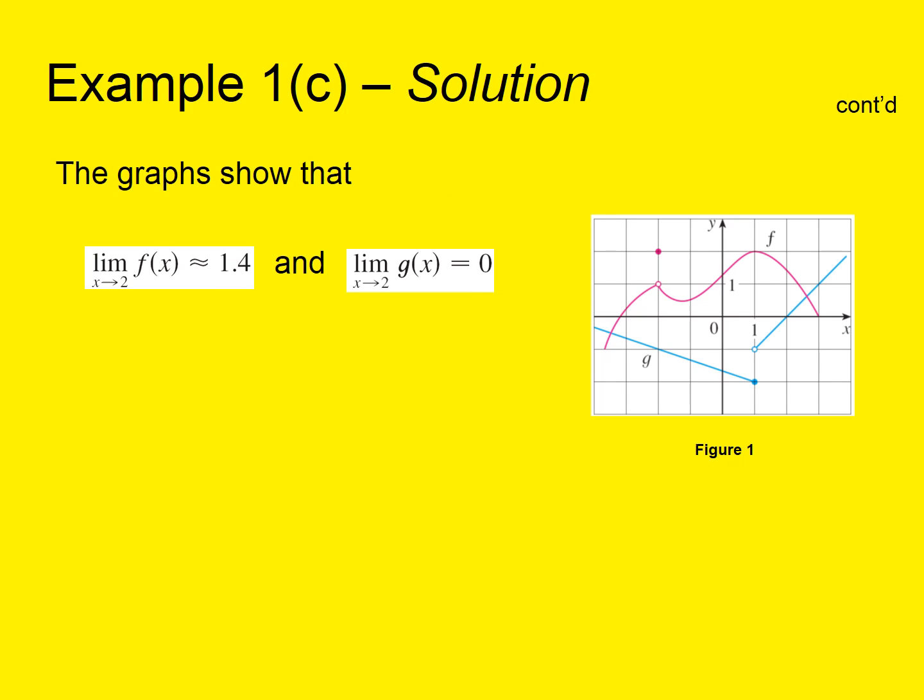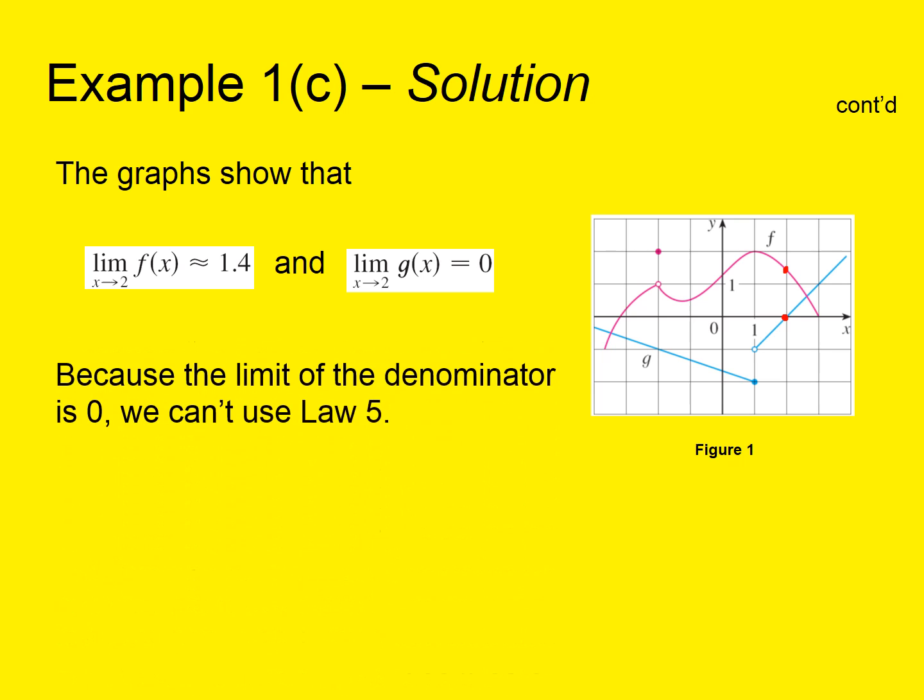The graphs show that the limit as x goes to 2 of f of x is approximately equal to 1.4. As x goes to 2, f of x goes to a number that's approximately 1.4, and g of x goes to 0. And so the limit laws will be used and those numbers will be substituted. Now, of course, not all the limit laws could be used when one of the limits is 0.